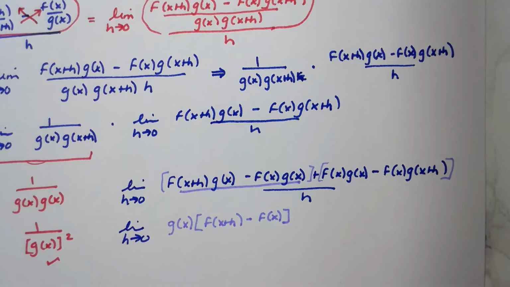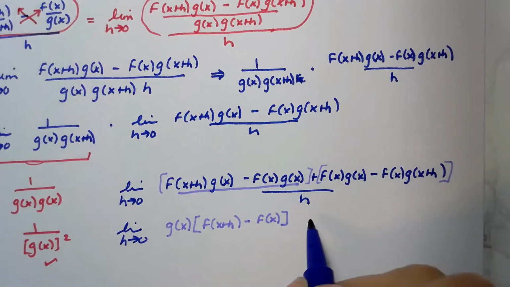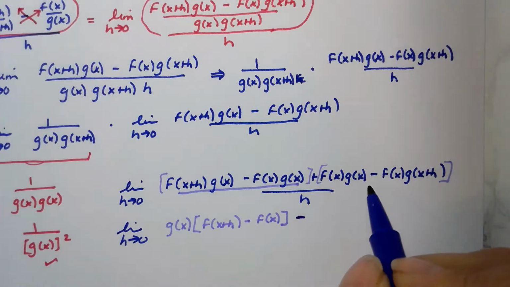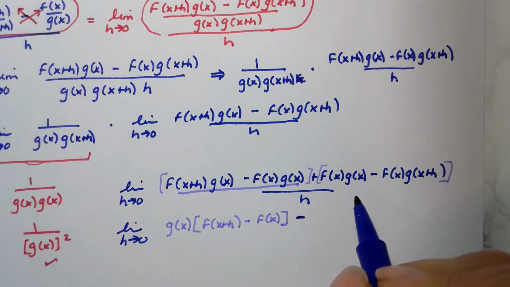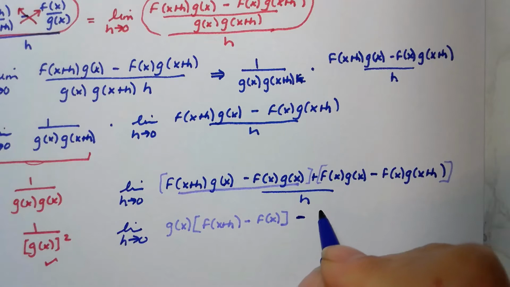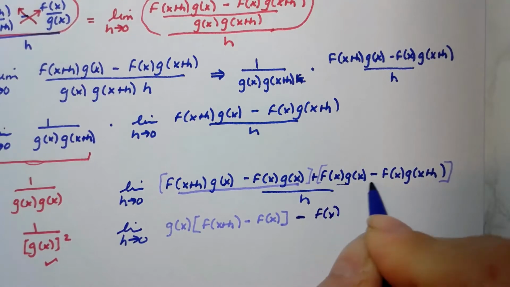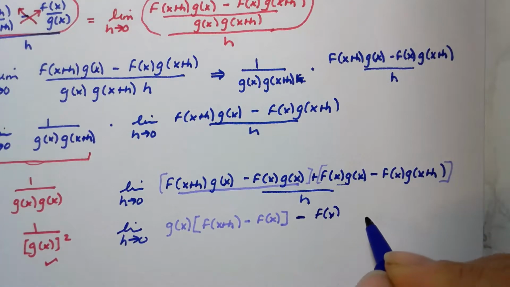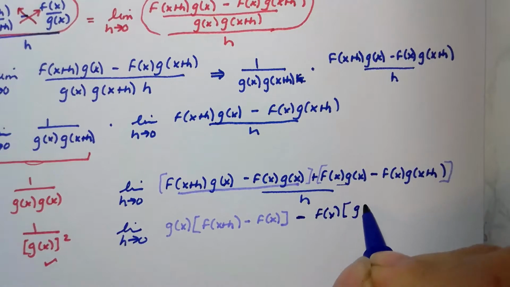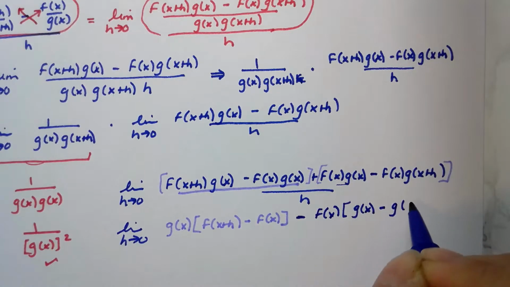And then I'm not going to subtract, but I'm going to pull out a negative f of x over here. So on this one now, right, f of x is common, and I'm going to be left with g of x minus g of x plus h.